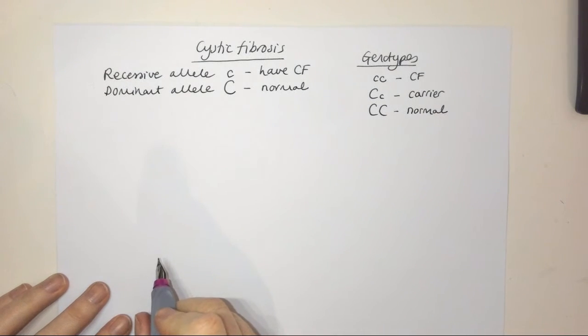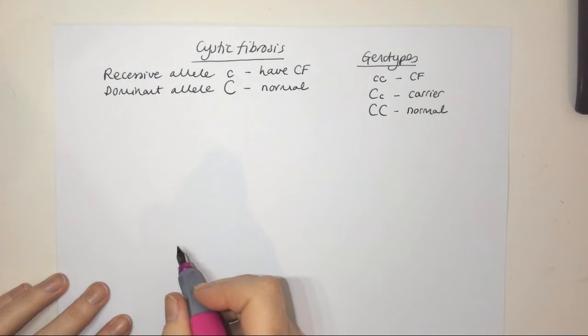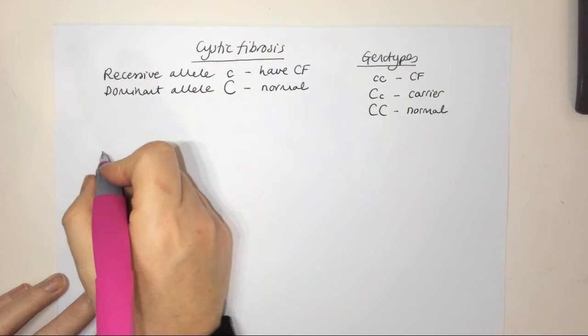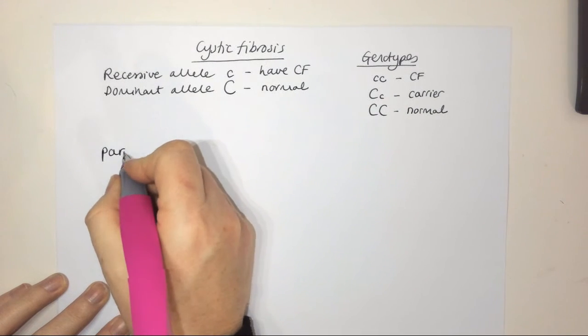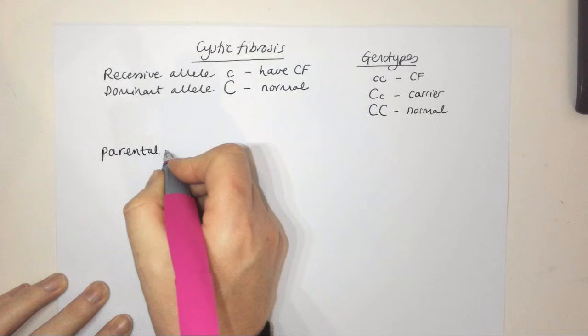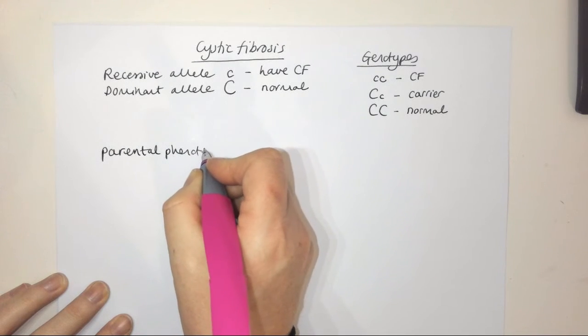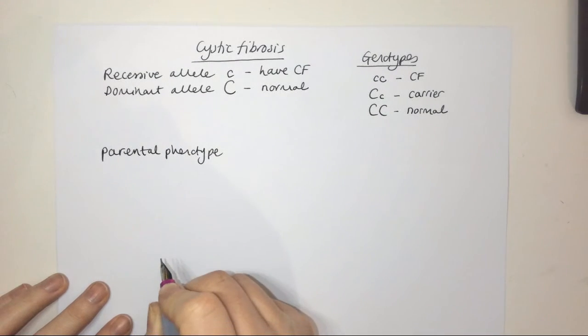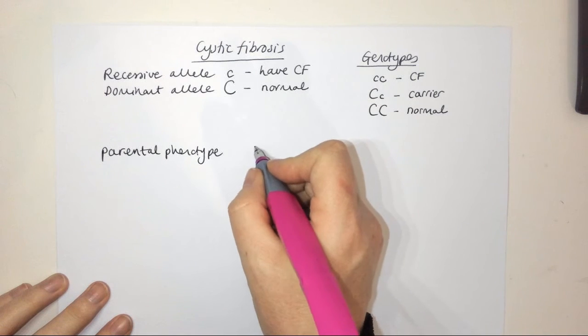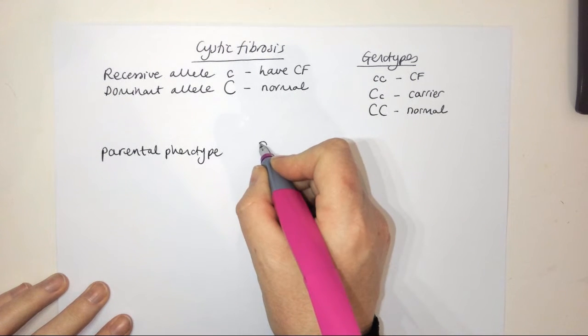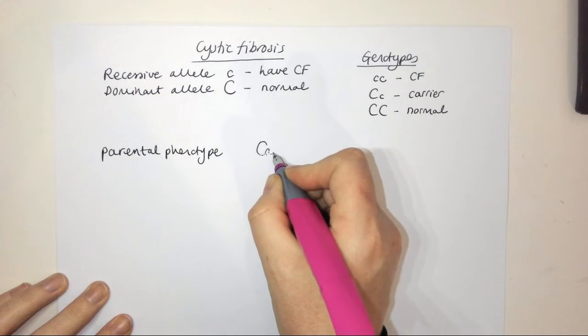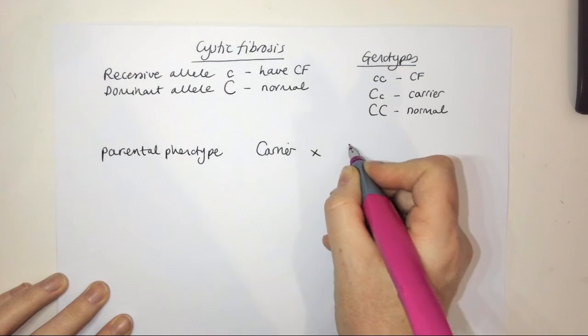Let's give an example. Let's say parental phenotype: let's have two carriers, so a carrier and a carrier.